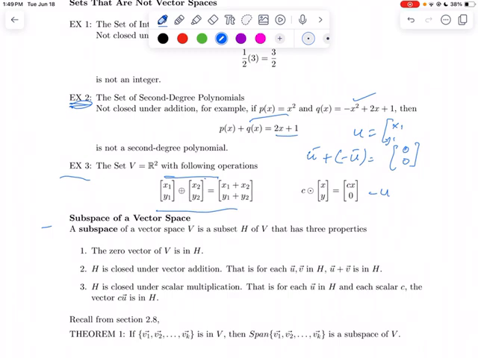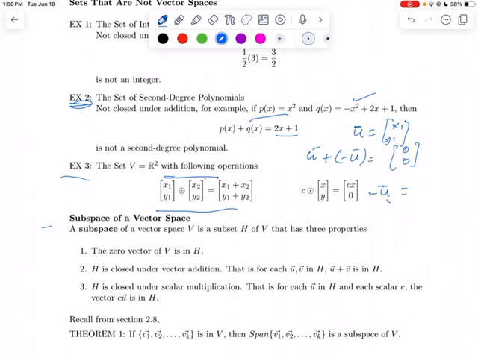Just put any variables. So now when you do negative 1 times u, when you try to find negative u, how do we find negative u?